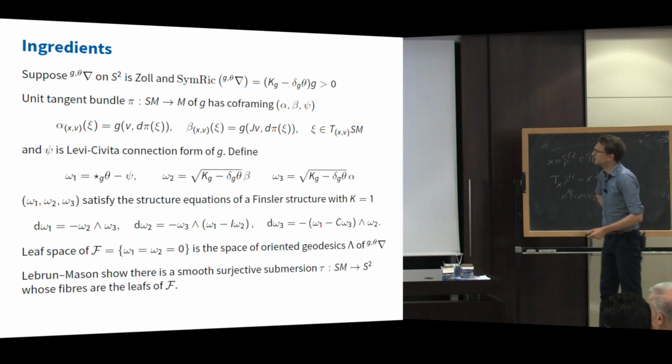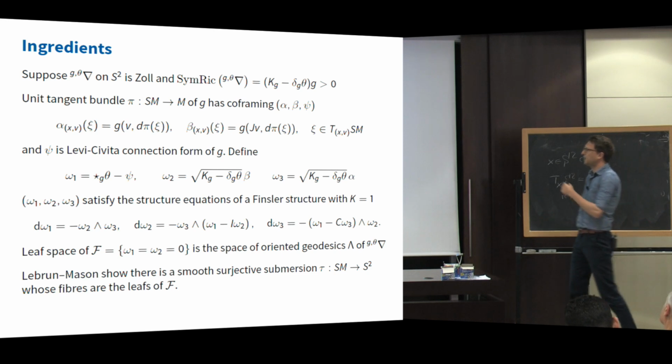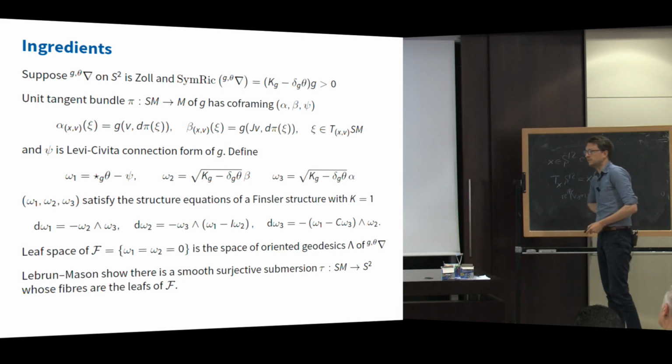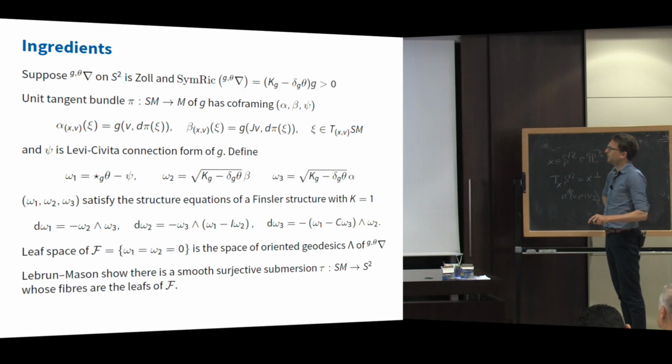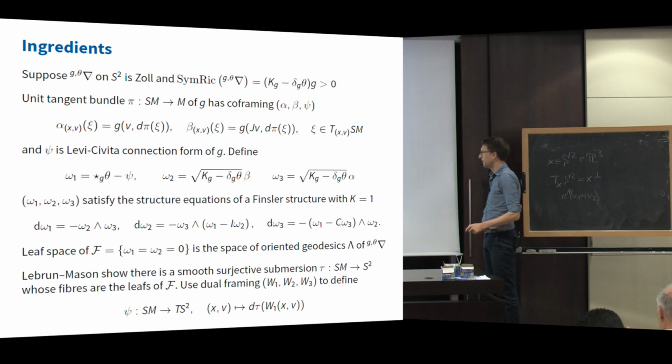And so there's a result by LeBrun and Mason that enters here. So they show in general, if you have a so-called projective structure on a compact surface, then the space of oriented geodesics is S2. So here it means you get a smooth surjective submersion onto S2, whose fibers are precisely the leaves of this foliation.